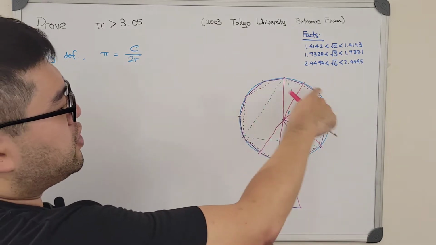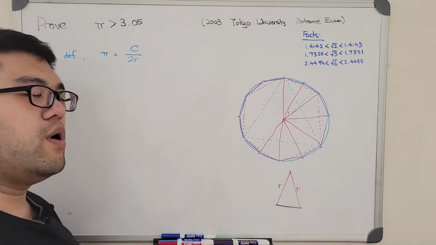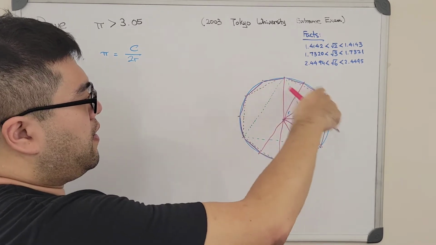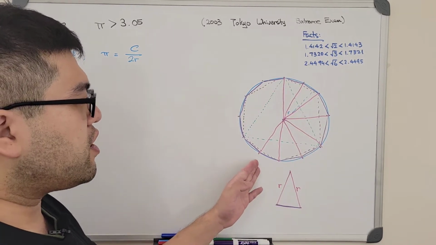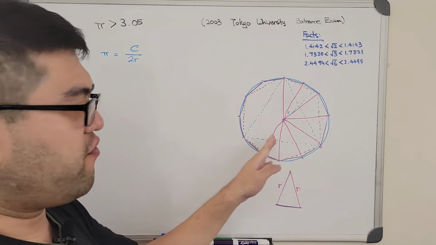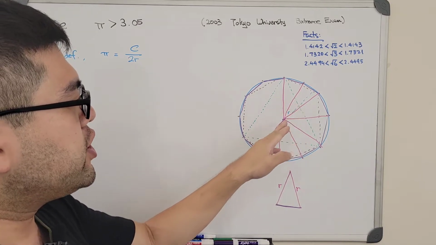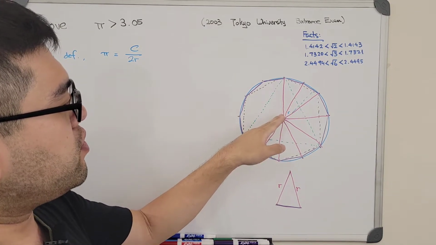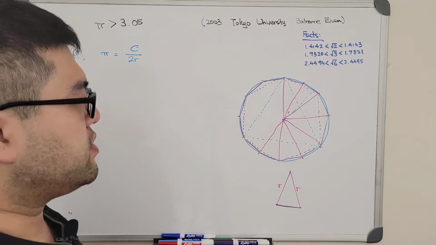Well, keep in mind, we just said that we divide up this polygon into exactly 12 pieces, where each triangle is the same as another.